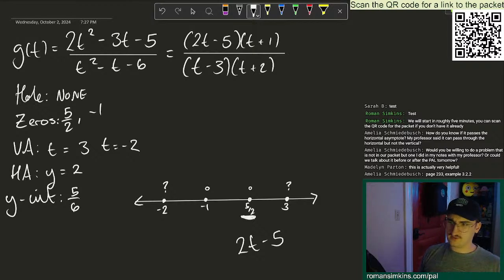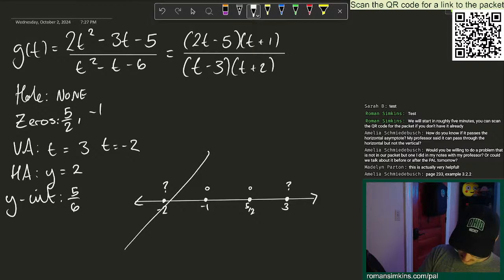You might think, does that coefficient of 2 change the way things work? The answer is no, because we're maintaining the fact that we're positive at one side of that line, negative at the other. It doesn't matter how steep it is, we just care if it's positive or negative. So we'll be drawing the same exact line. They're all positive linear. So we can go through, draw our lines.